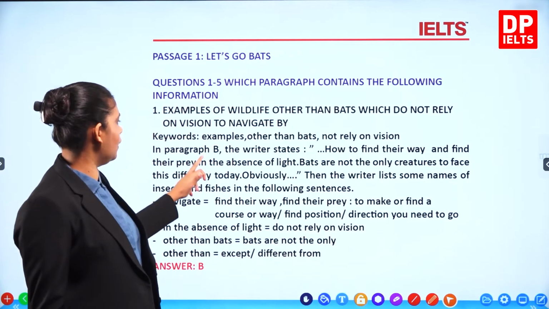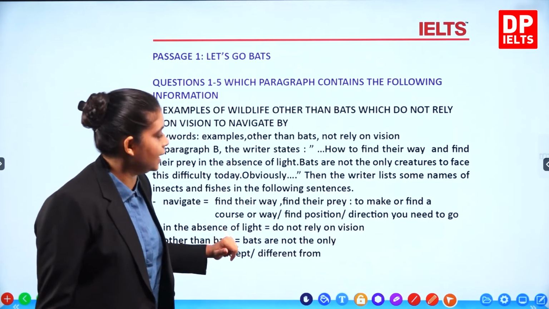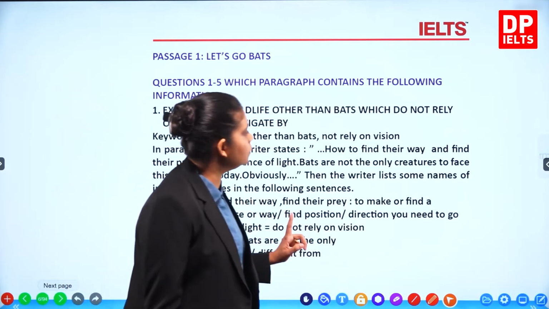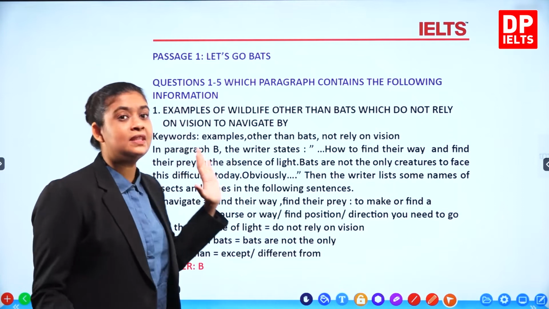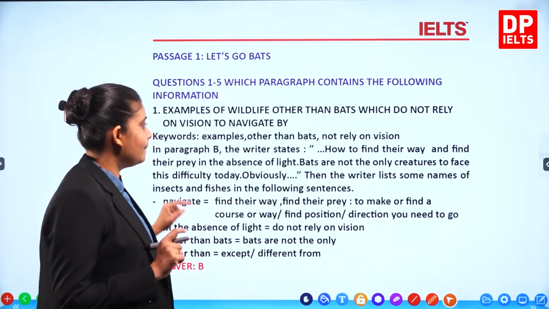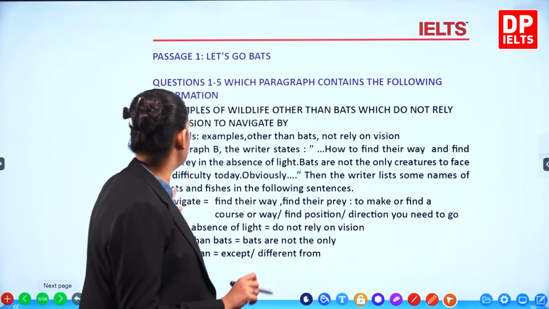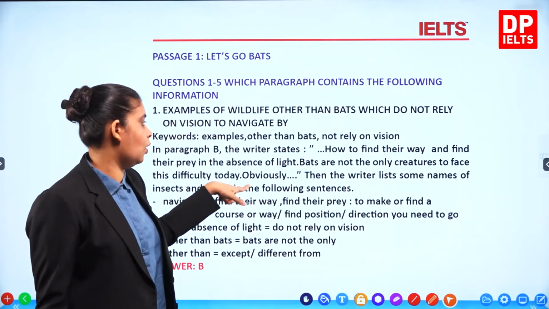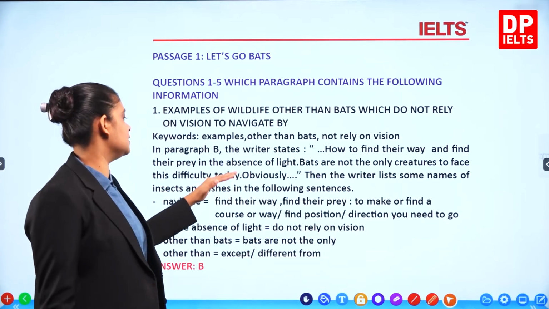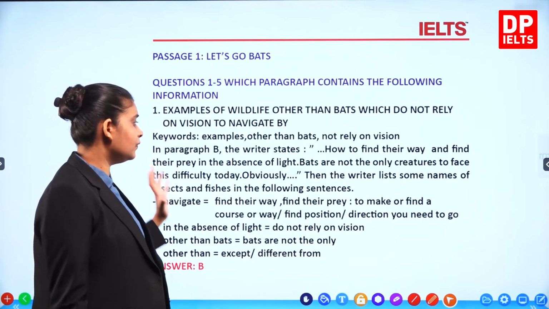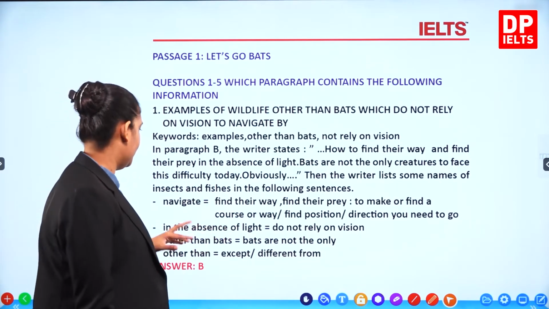And in paragraph B, the writer states how to find their way and find their prey in the absence of light. Bats are not the only creatures to face this difficulty today, obviously, and then the writer lists some names of insects, fish, in the following sentences.